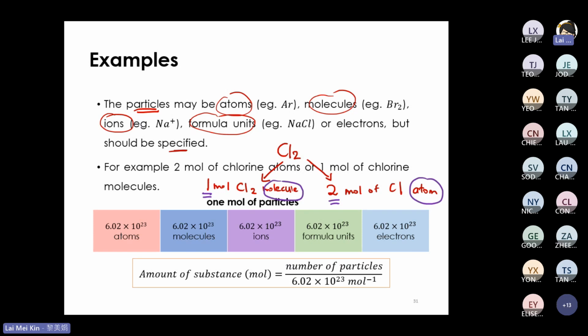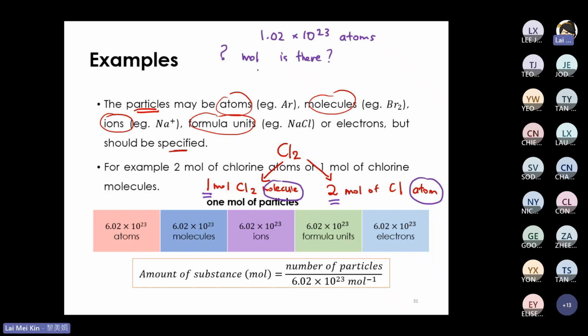So if let's say I give you an amount, I say that I have 1.02 times 10 to the power of 23 atoms. I have this amount of atom. How many mole is that? How do you calculate this?